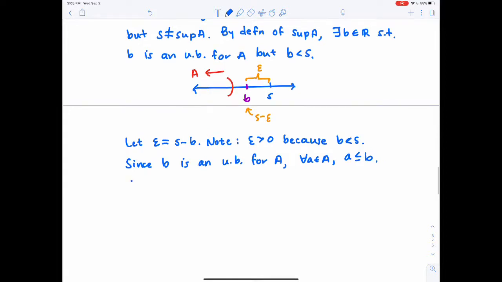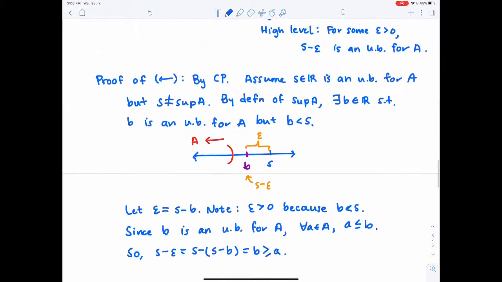So if I look at what S minus epsilon is, we've cleverly chosen epsilon so that when I subtract it, B pops out. So I'm doing S minus our value that we selected for epsilon, S minus B. When I simplify that, I get B. And then I'm just borrowing what I already wrote on the previous line: B is greater than or equal to a.